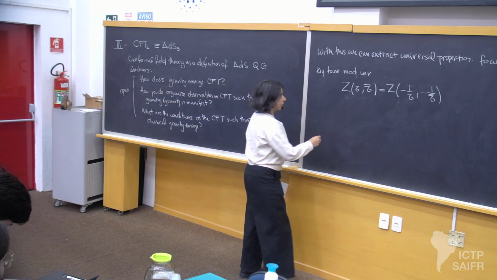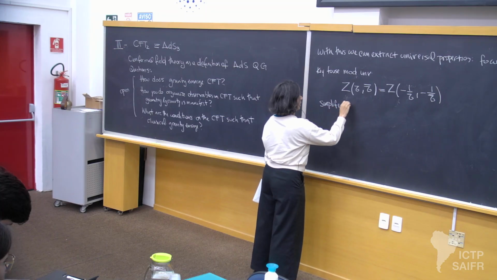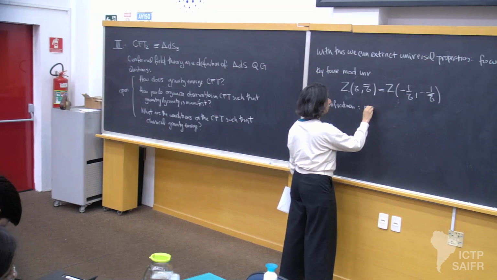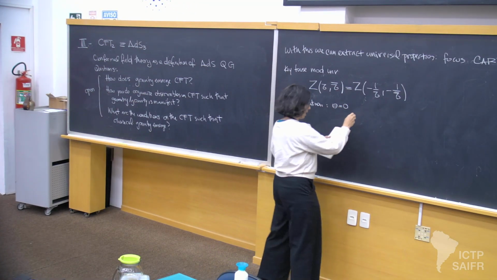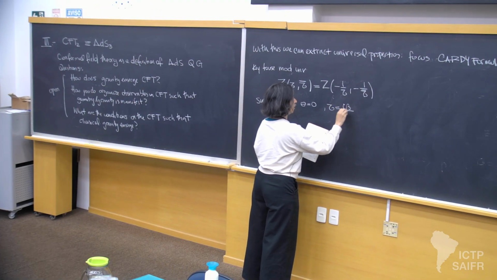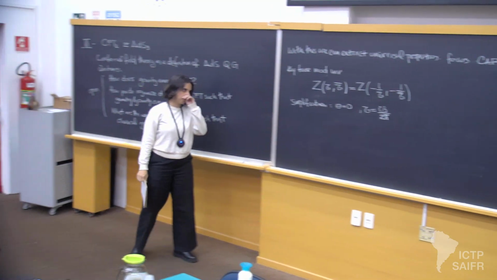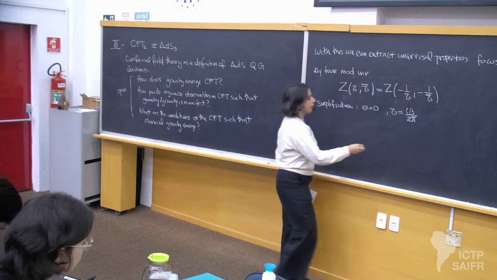So I'm going to do a simplification, and I was going to give you this as a problem to generalize to more general cases. I'm going to turn off theta, just because the equations are a little bit simpler. This means that tau will just be a purely imaginary number, i times beta over 2 pi.